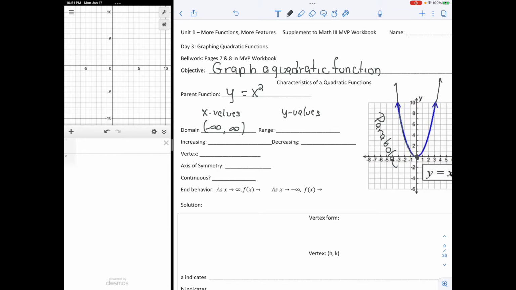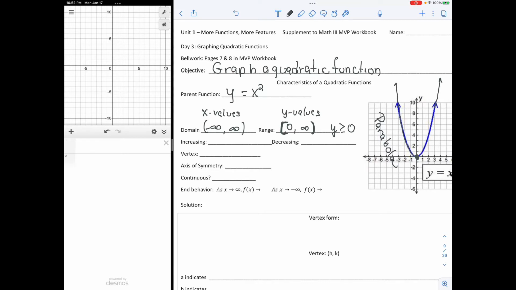It's like the Energizer Bunny. It just keeps going and going. So we say that our range is from 0 to infinity. Or in other words, y is greater than or equal to 0. Notice because it's equal to, there's a bracket here, but with the absolute value, there's always a parenthesis.